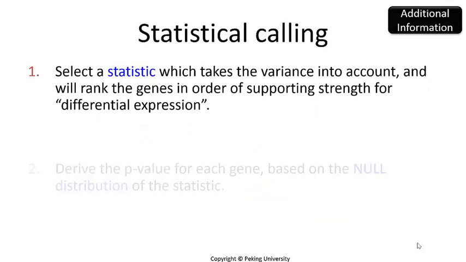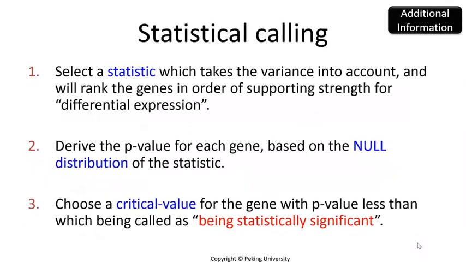Therefore, we need to use statistical methods to make statistical inference based on probability models. Specifically, we first need to construct a statistic that takes into account the variance. We then calculate the p-value for each gene based on the null distribution of this statistic. Finally, we choose the genes whose p-values are smaller than the given cutoff as genes that are statistically significantly differentially expressed.